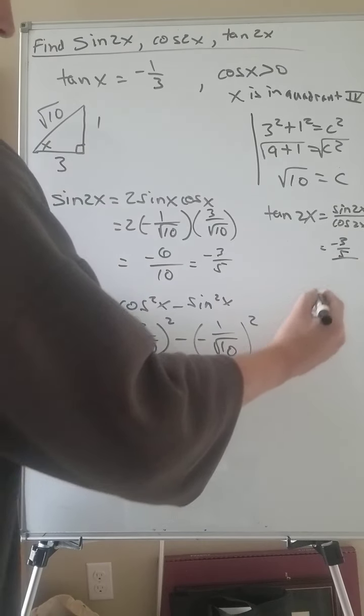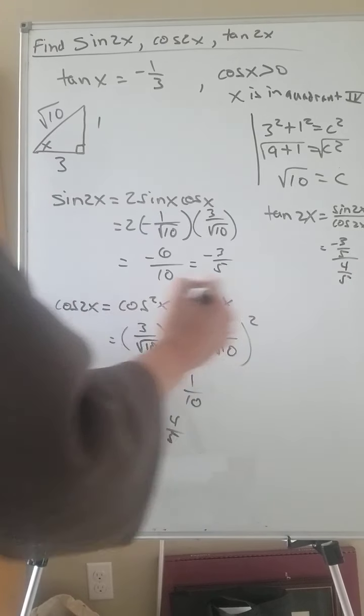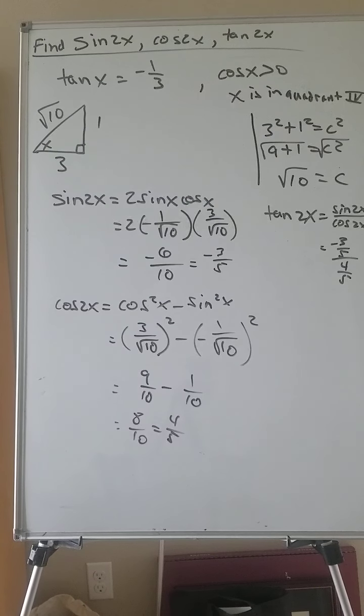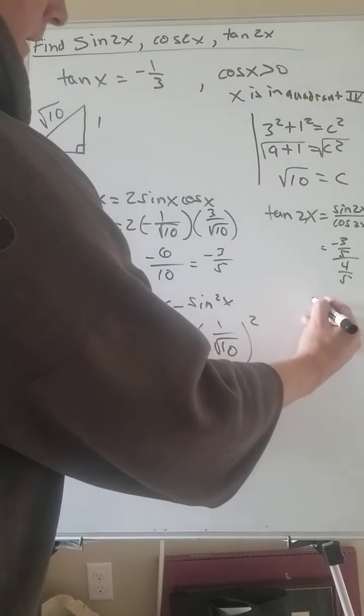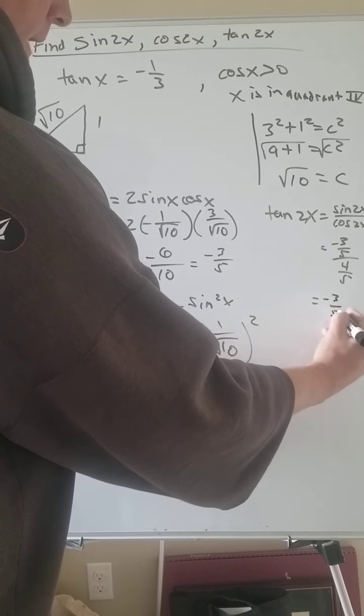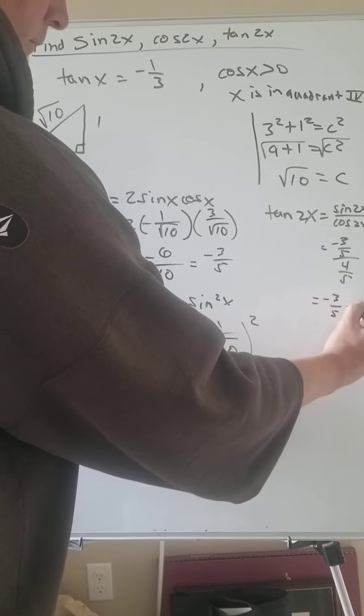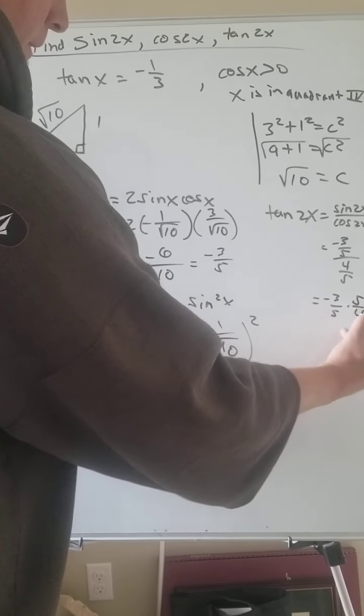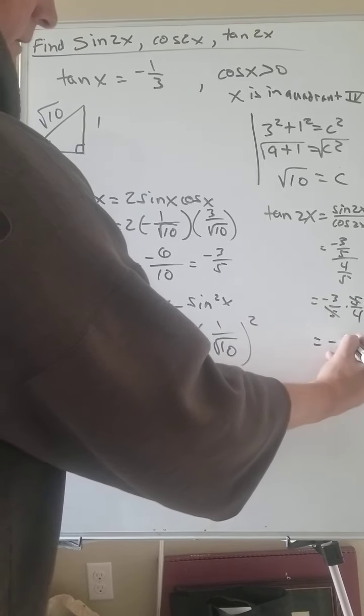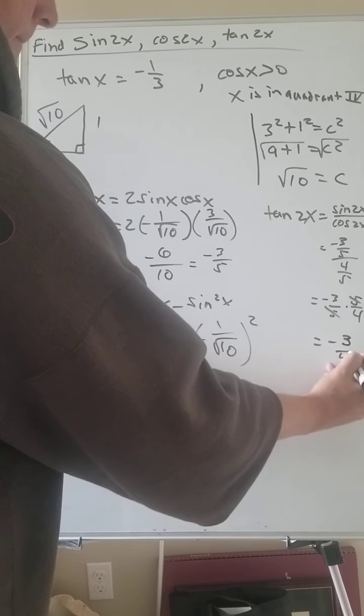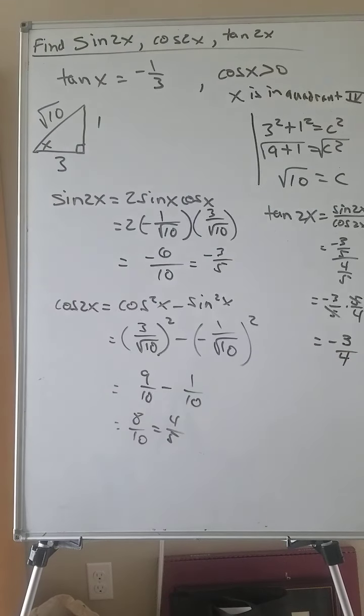The cosine is 4/5. I have a fraction divided by a fraction, so this is the same thing as negative 3/5 times the reciprocal of the divisor, which is 5/4. The 5's cancel, and so tangent of 2x is negative 3/4.